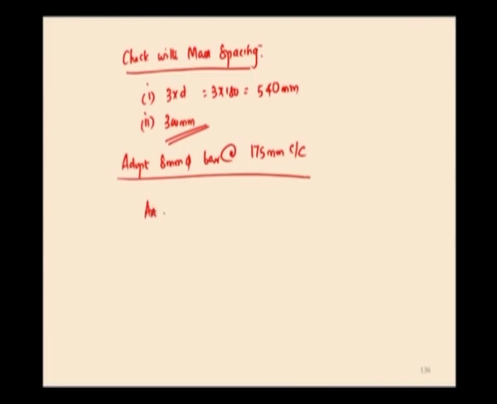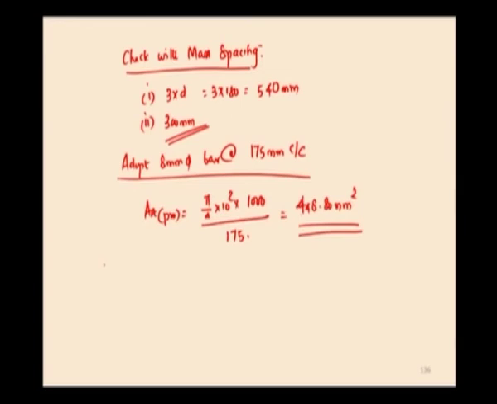So AST provided along x direction is pi by 4 into 10 square into 1000 divided by 175 mm, that is equal to 448.80 millimeter square.